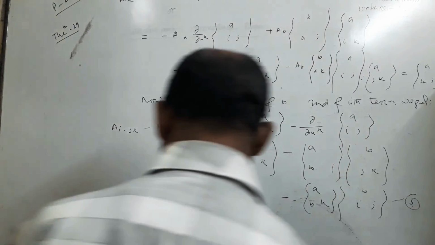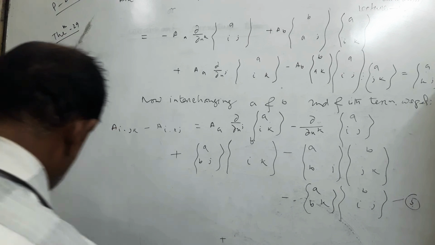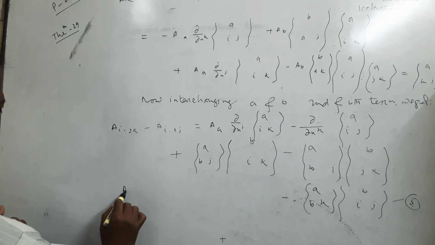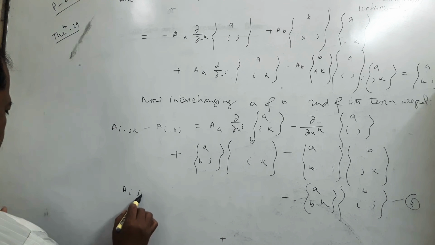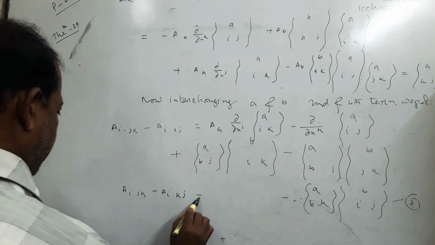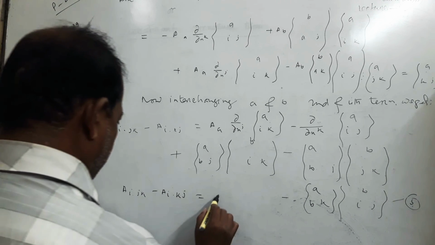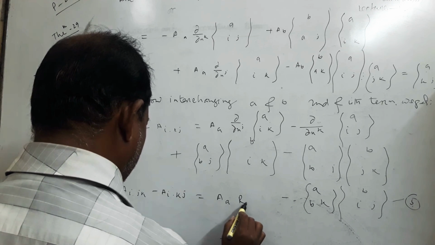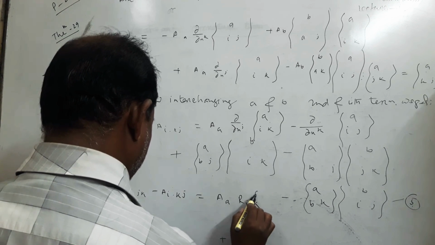number 5. And also you have to show that a I comma j k minus a I k j equal to a r I j k a.